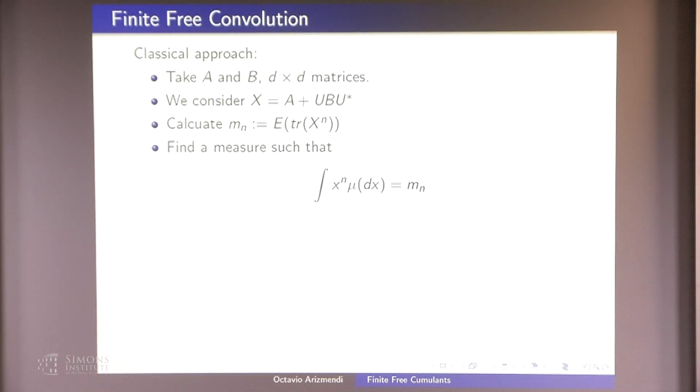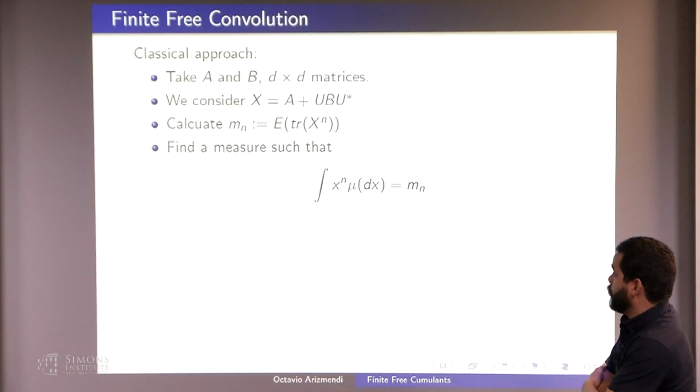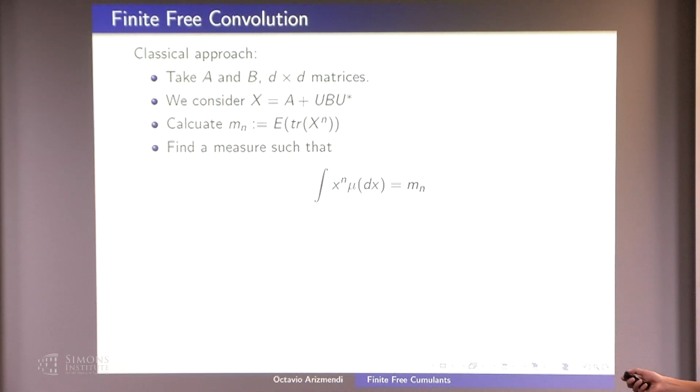I will just remind the basics about finite free convolution. I will go fast because I guess in this conference everybody knows what finite free convolution is. As I mentioned before, if I have A and B which are deterministic, and then I conjugate, what we typically do is to consider the moments and take the average, and what I get is the average eigenvalue distribution of the sum.